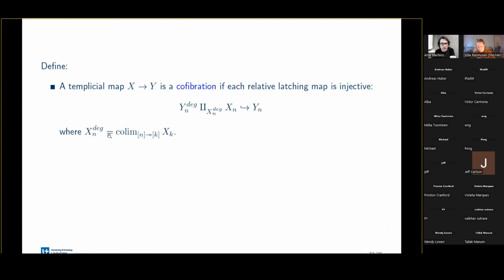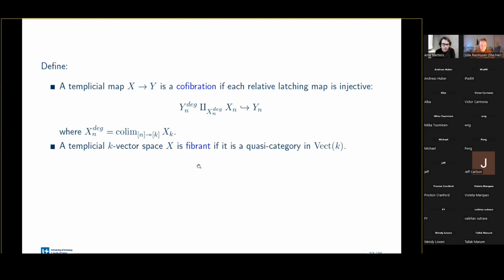What it's supposed to model is a prototypical object of degenerate n-simplices of X. And requiring these maps to be injective basically says that my templicial map is well behaved with respect to the degenerate simplices of X and Y, if you will. This is a relatively natural thing to do, at least in the context of greedy categories and stuff. And if we apply this to classical simplicial sets, then we recover exactly the cofibrations of the Joyal model structure.